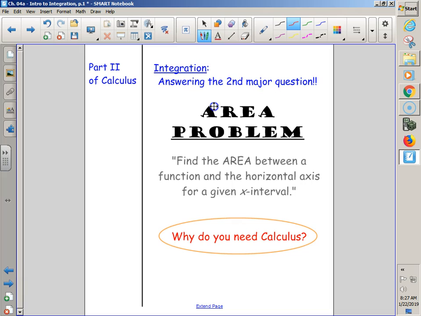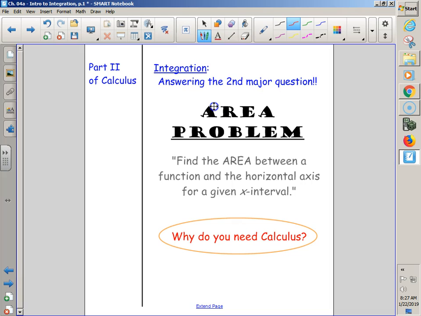The second big question is how to find the area between a function's graph and the horizontal axis, aka most people would say the area under a curve. Not the area under a line, that's easy. It's a trapezoid, it's a triangle. Not the area under a circle, that's easy, it's geometric. Not the area under a straight line, that's a rectangle or a square.